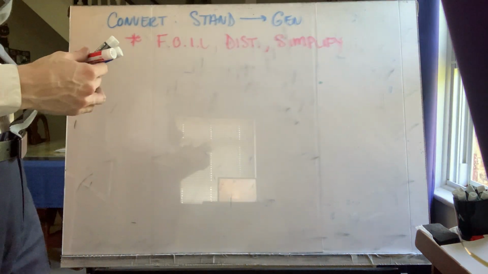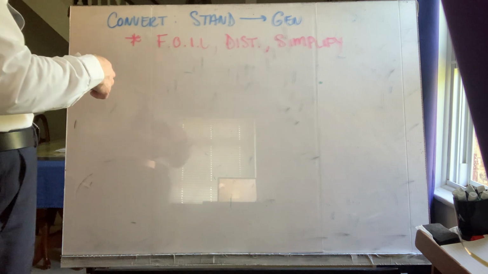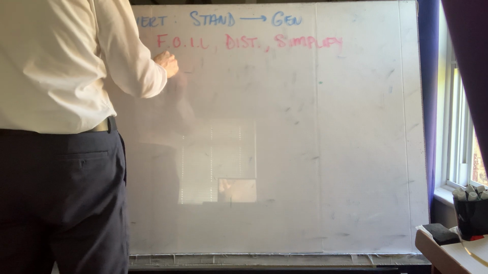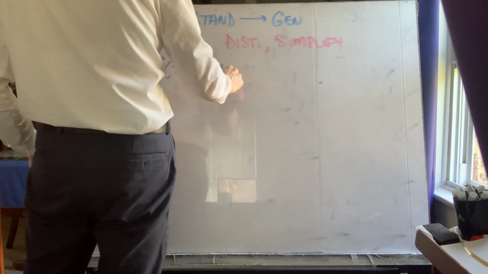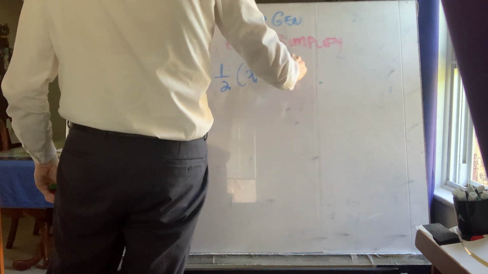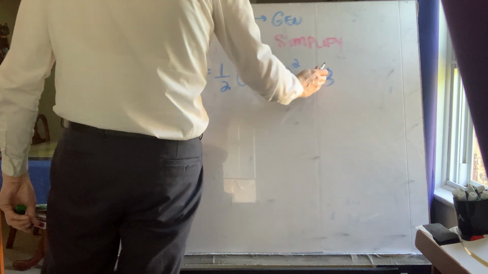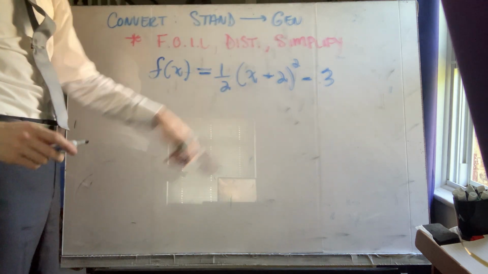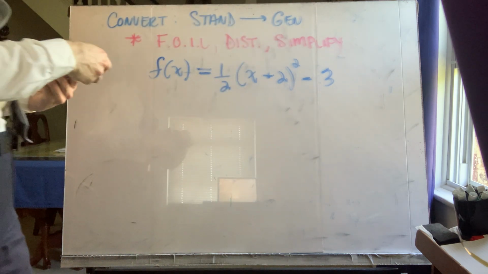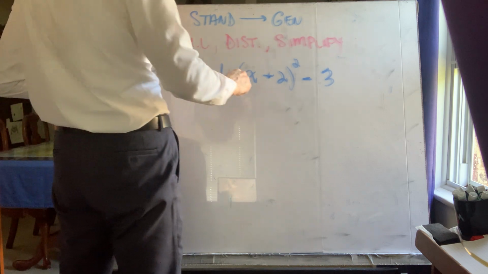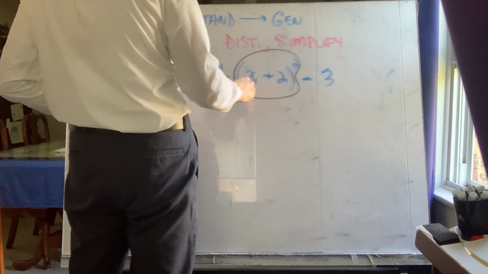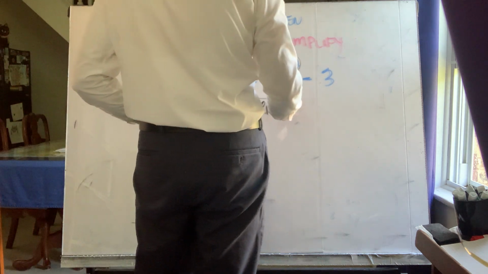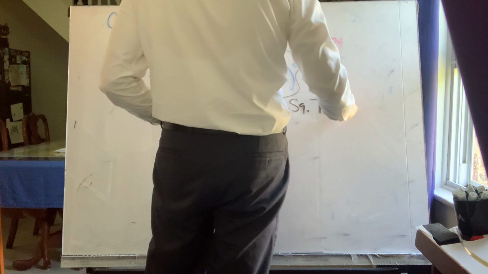The last problem, the thing that I just concocted looked like this, right? The function of x is equal to 1/2 times x plus 2 squared minus 3. This is the standard form. Let's say that you wanted to put it in the general form. What's going to happen virtually every time is that since you have this binomial squared, it's going to end up being or emulating the perfect square trinomial model.